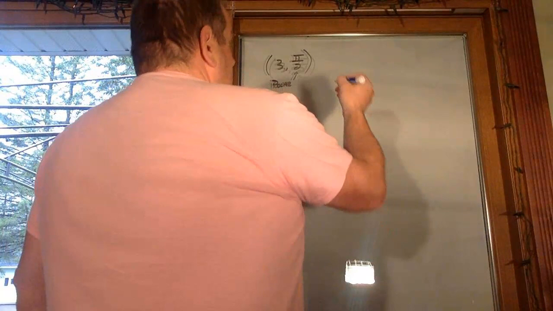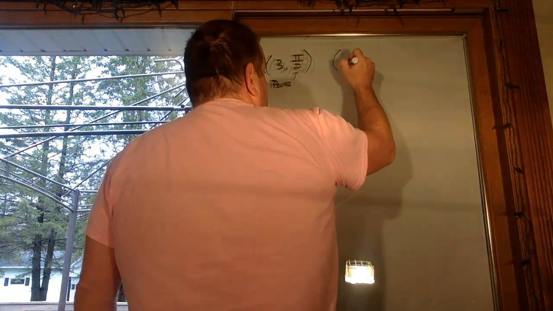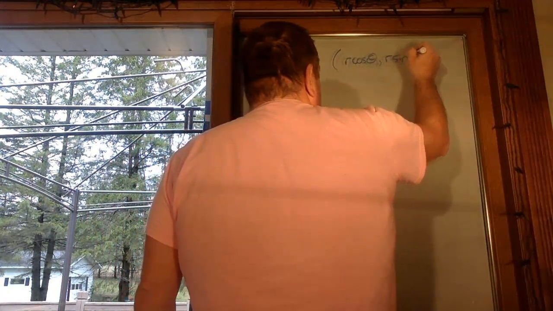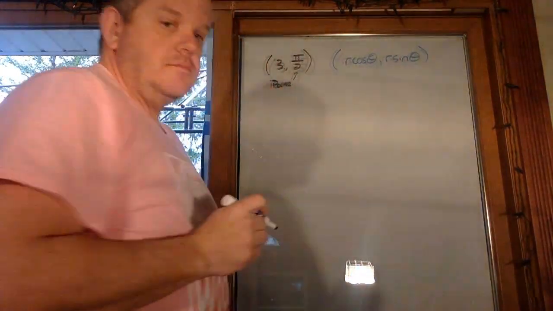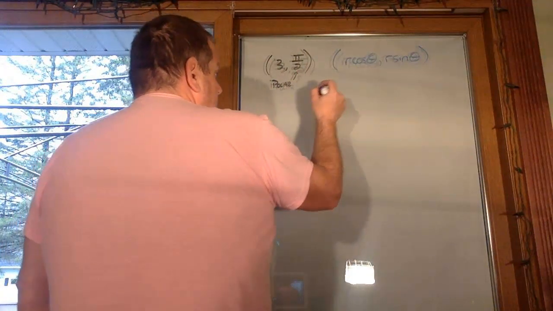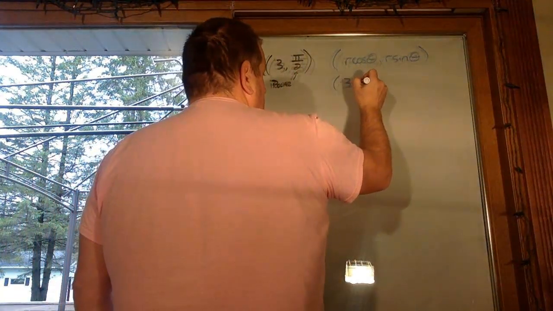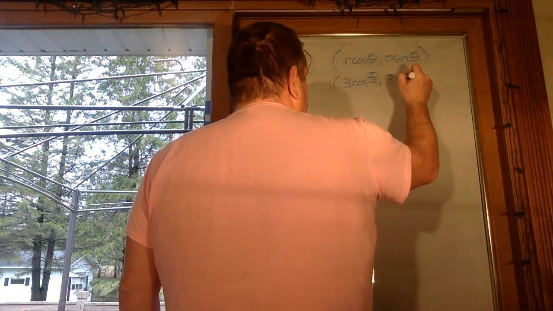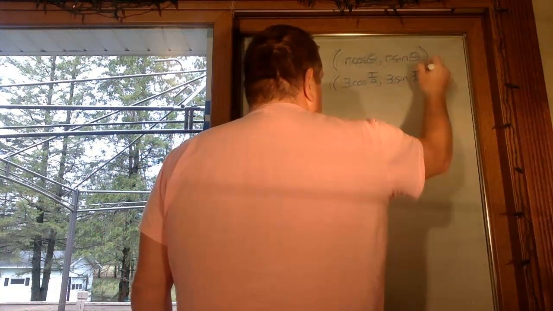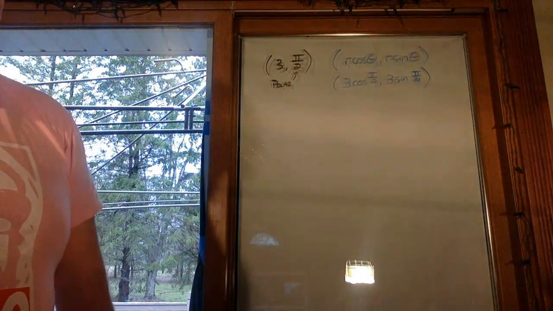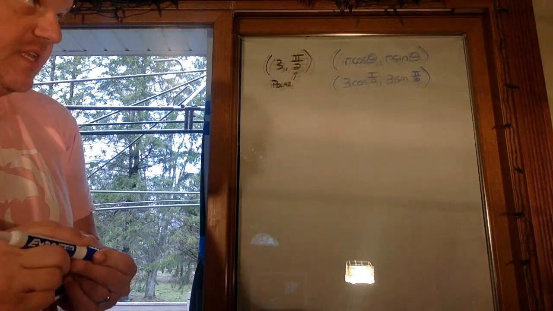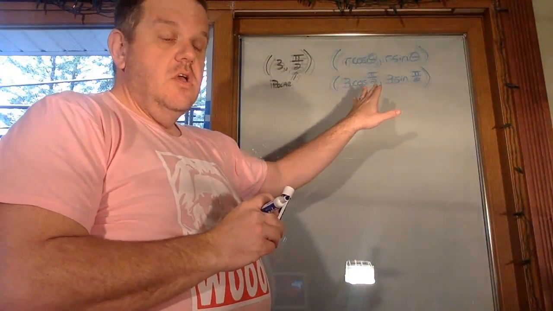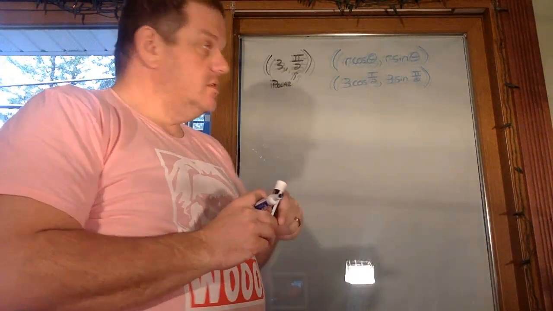Okay, so this is going to be r cosine of theta, r sine of theta. So 3 cosine of pi over 2, 3 sine of pi over 2. Knowing what you know about angles, and you could type this in a calculator if you wanted to, just know that those are in radians, so make sure your calculator is in radians. Okay?